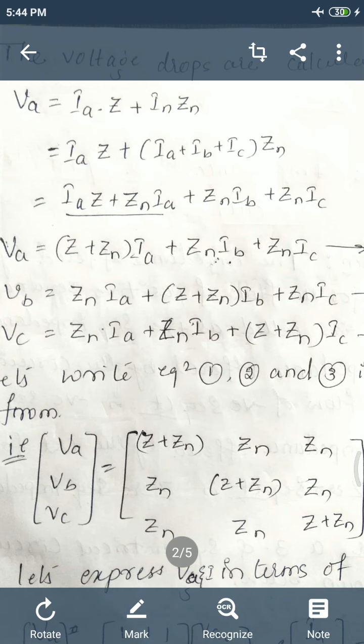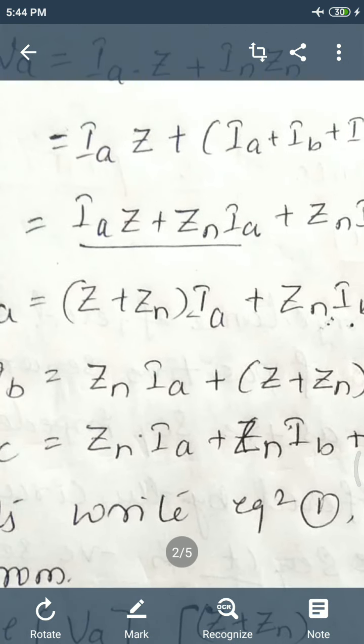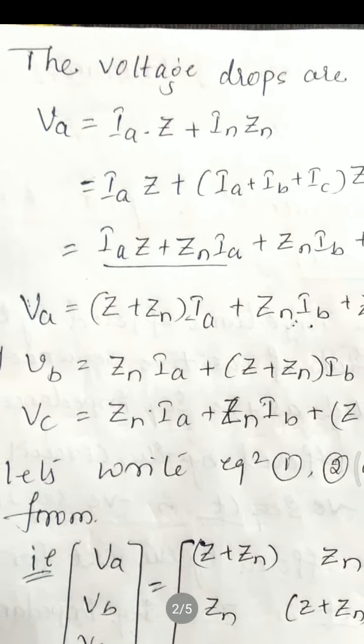Once we expand this equation, take the terms IA, IB, IC separately. Among these, take IA outside: Z plus Zn times IA.